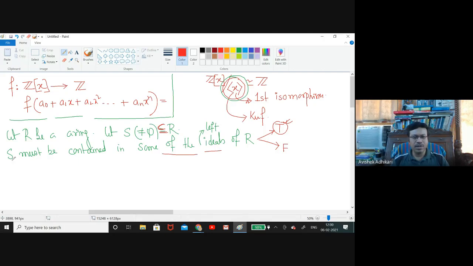Now, as we know, intersection of ideals is again an ideal. I think you already have this idea that intersection of any two ideals is again an ideal.